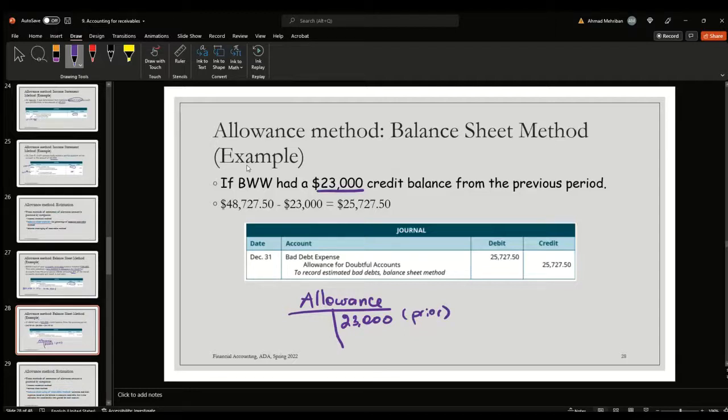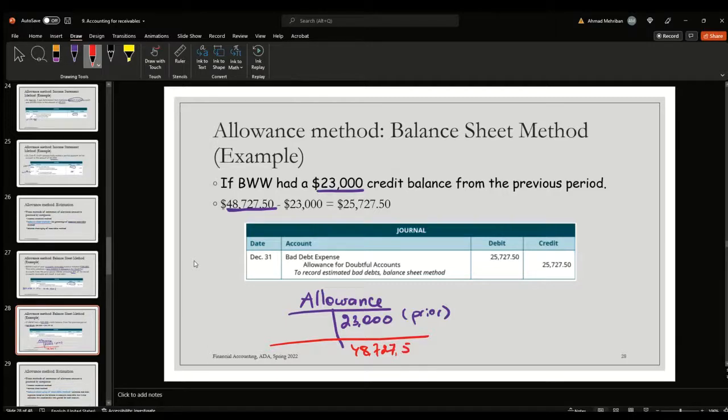Now, for the new year, we have estimated that our allowance for doubtful accounts, or our estimation of bad debt, is supposed to be 48,727.5.